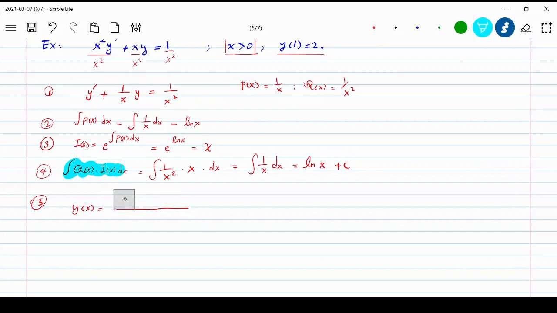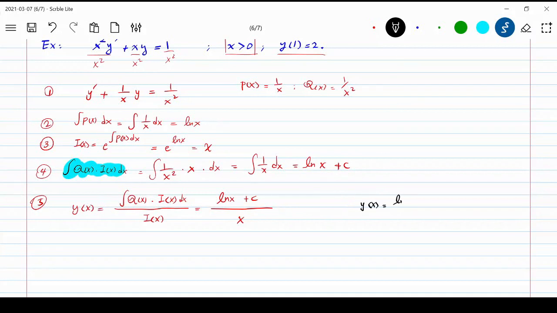Maybe I should write that, so make sure you guys are following the format: q(x) times i(x), divided by i(x). You cannot cancel out the i(x) because first you have to calculate this integral, and that integral will be, in this case, what we found, ln x plus c, and then the i(x) function was simply x, divided by x. So this is our y(x) function. So I can say I found the y(x) function.